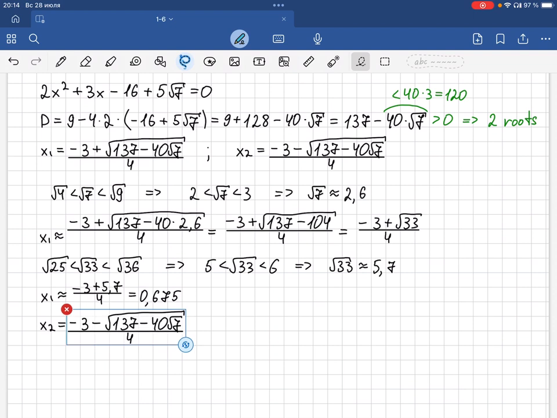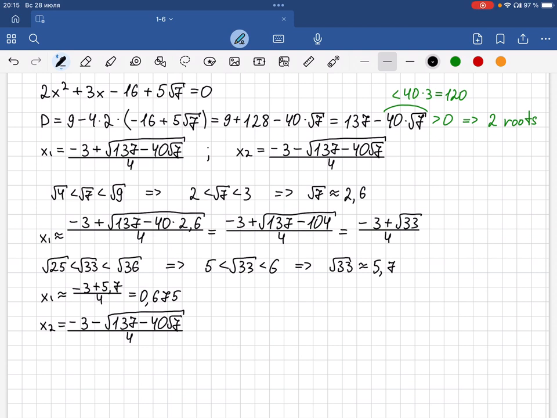But it is simpler to find it, since we know everything about the first root. And we also understand that the first root and the second one differ only in the sign right here. So we have plus here and minus here, and everything else is the same.